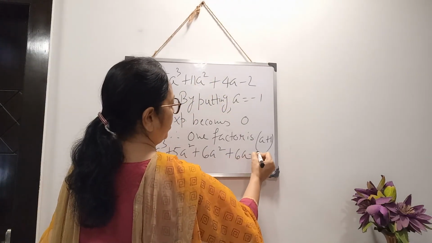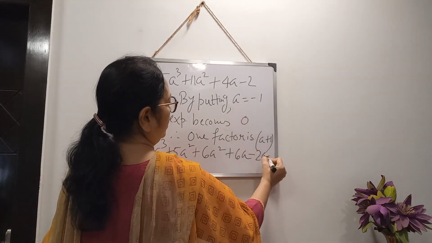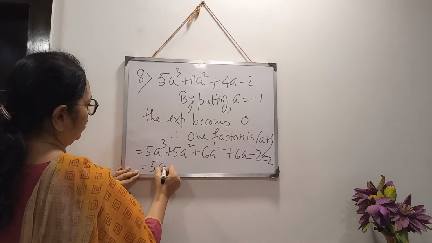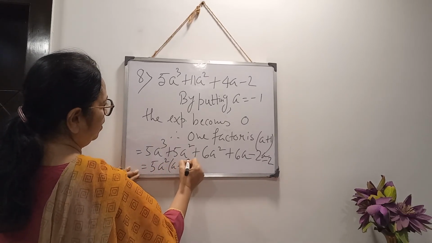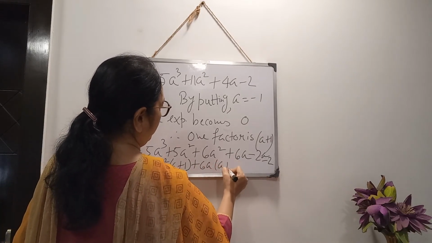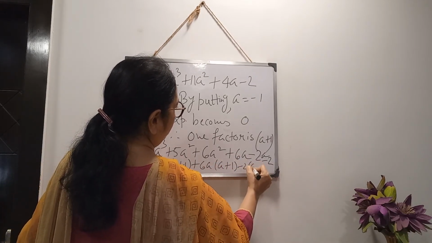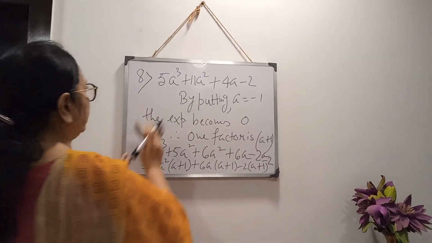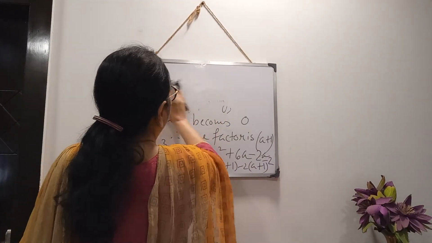So you subtract 2a and the last constant term as it is. Now 5a square take common, it is a plus 1, plus 6a take common, a plus 1, minus 2 take common, a plus 1. So we are getting one factor as a plus 1.